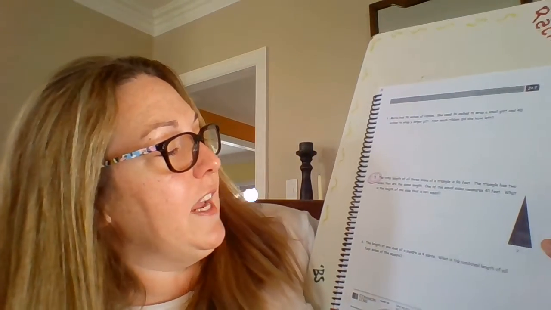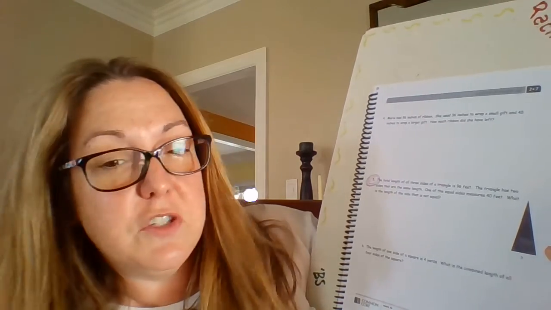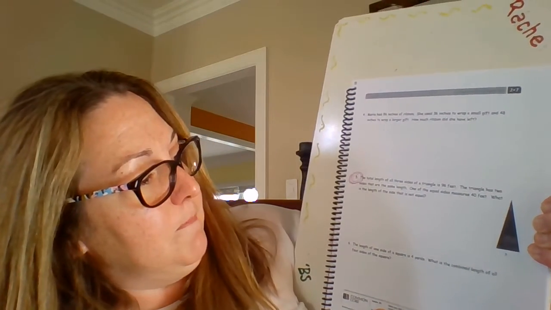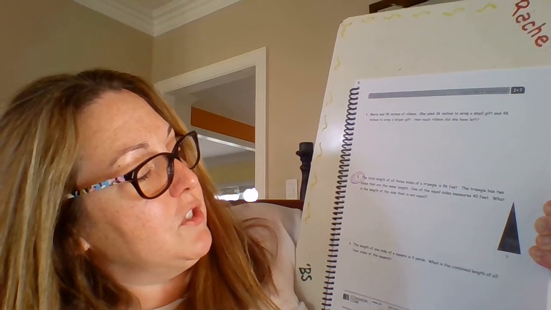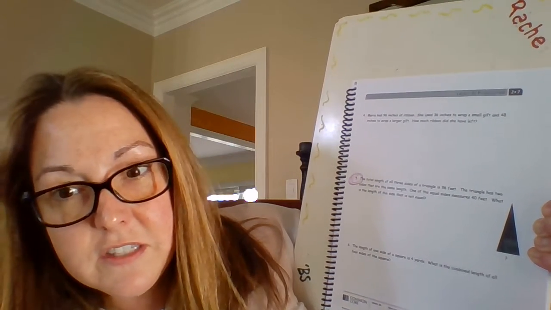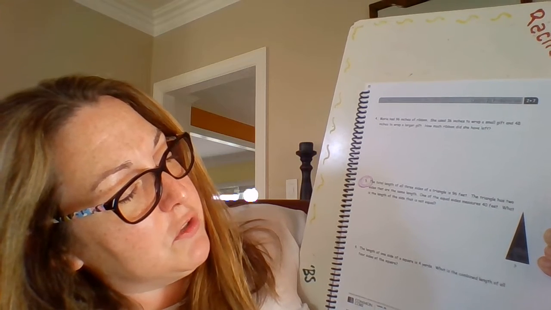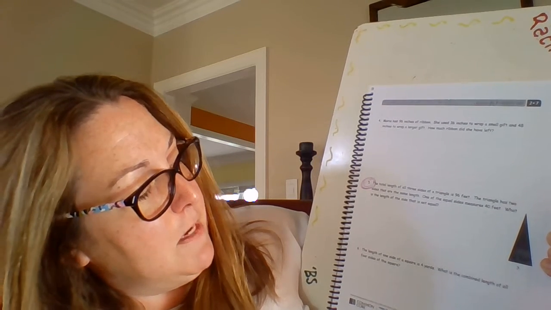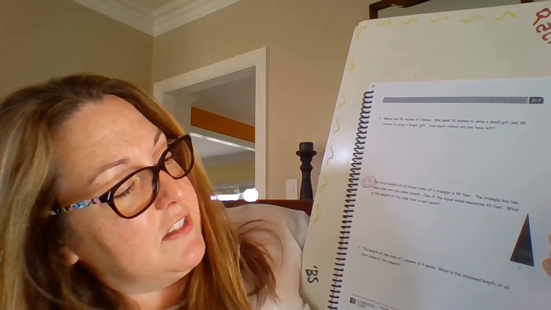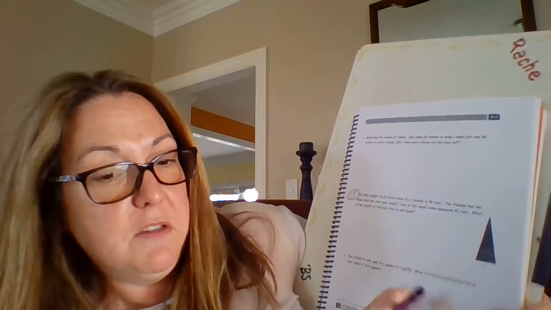The total length of all 3 sides of a triangle is 96 feet. The triangle has 2 sides that are the same length, and one of the equal sides measures 40 feet. What is the length of the side that's not equal? Okay, so if I'm looking at this triangle here, it says the 2 sides that are the same length, one of them is 40.